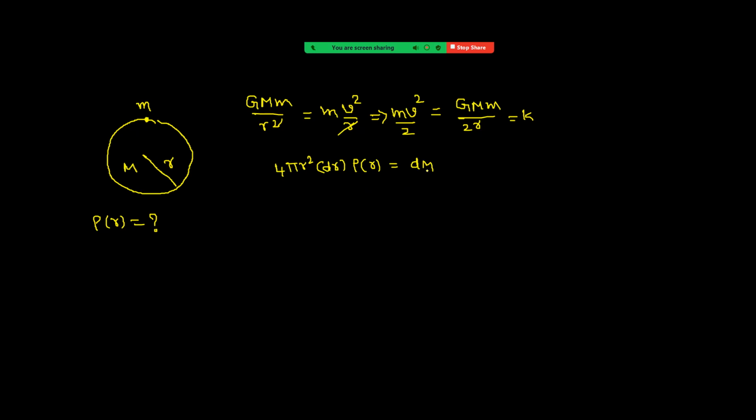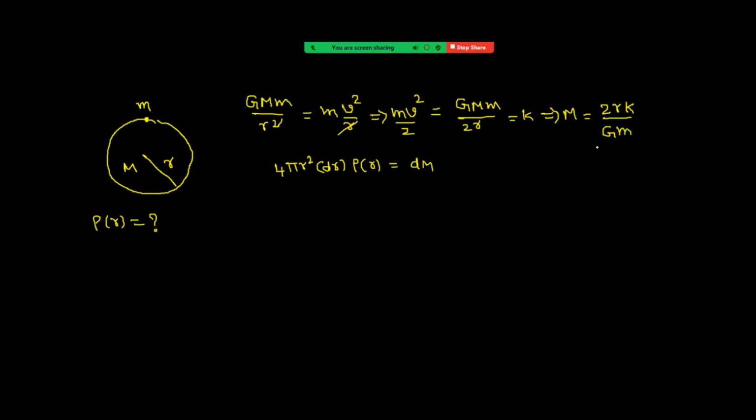Now what I can do here, from here, see what capital M is: 2rk upon G small m.